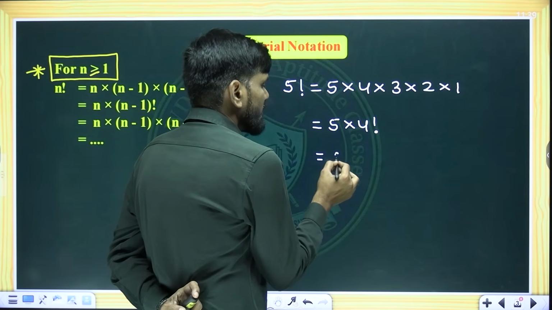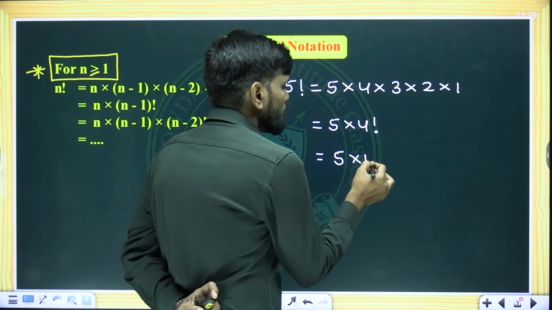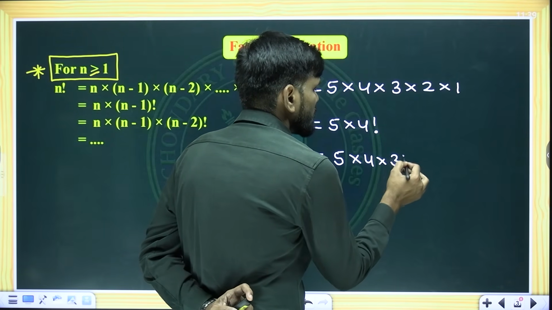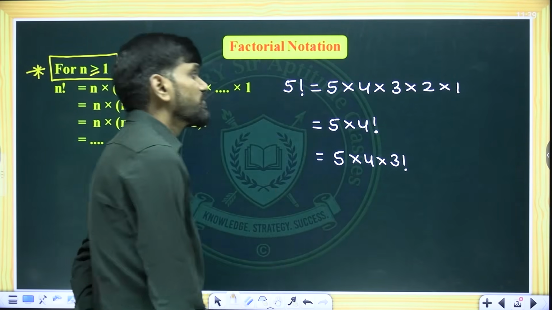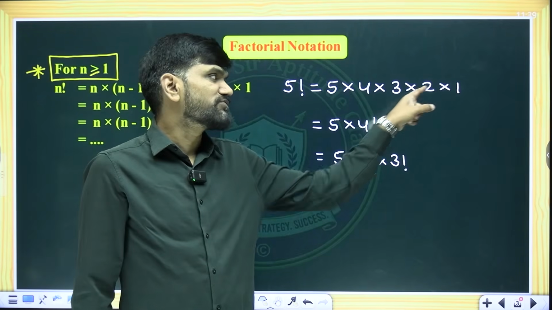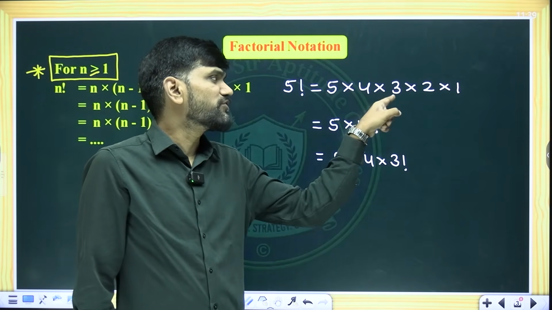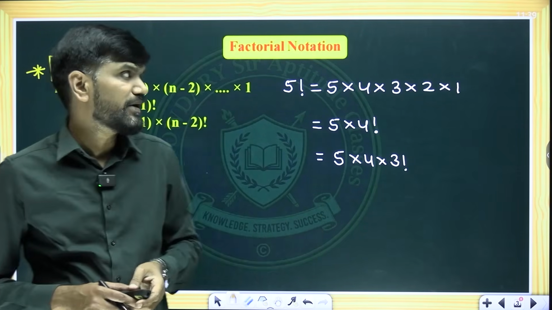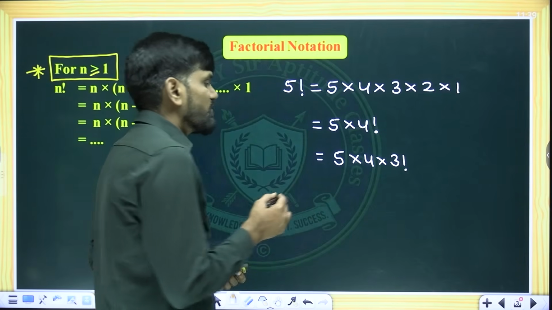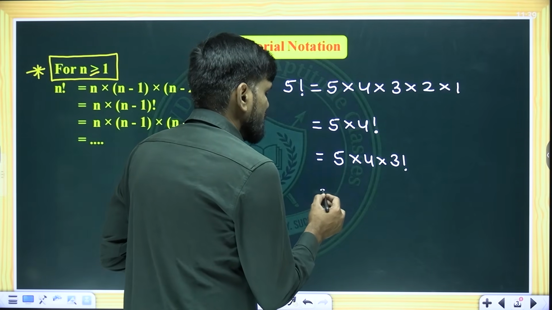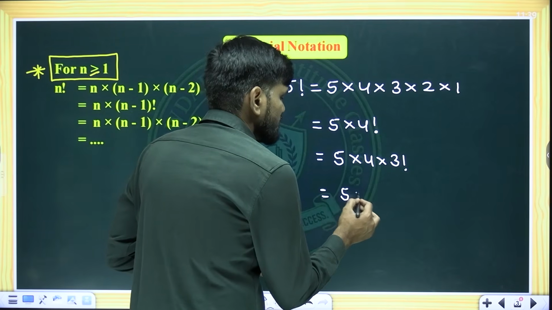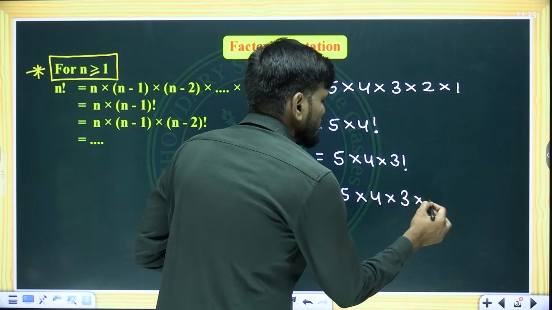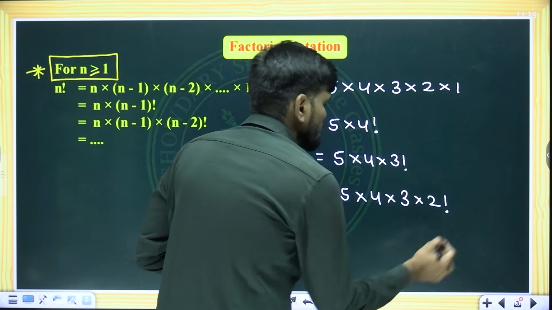This can also be written as 5 into 4 into 3 factorial, since 3 to 1 is 3 factorial. So 4 up to 1 is called 4 factorial, and so on. Like this we can write it to any extent depending on our requirement.